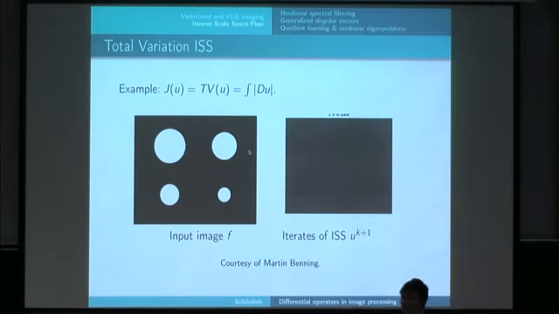So if we go back to the inverse scale space point of view, and you're starting the inverse scale space with f bar, which is a projection of f onto the kernel of J. So in the case of the total variation, this will just be the average intensity over the image. Then you can define a nonlinear spectral transform out of this inverse scale space flow by the following consideration.